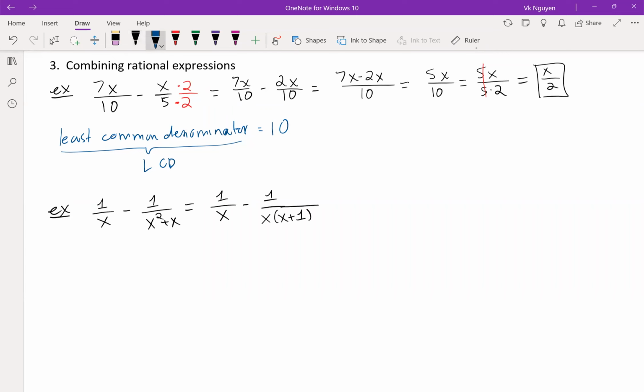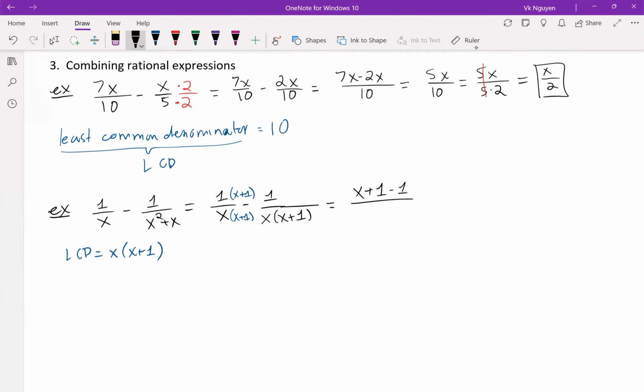So we see here that the smallest common denominator is x times (x plus 1). That's the LCD. This means that we need to multiply the first fraction by x plus 1 over x plus 1. Then x plus 1 on the bottom, x plus 1 on the top. Distribute the ones, get x plus 1 minus 1.